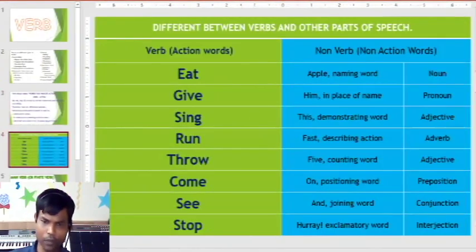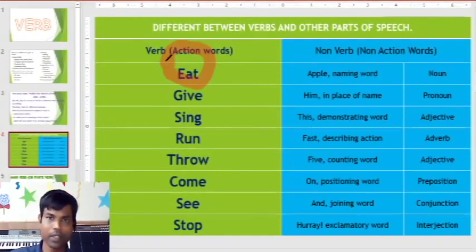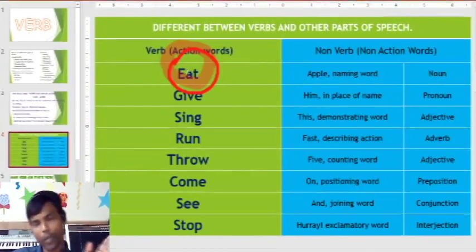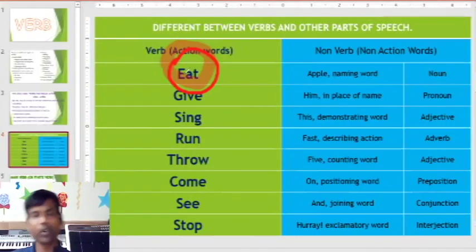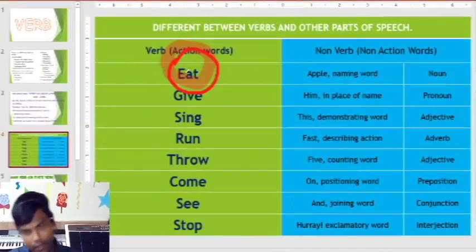Here, just focus and you will find some of the words which I have written. Eat. As soon as you hear the word eat, automatically you start to act accordingly. Why? Because this is an action word which tells you to do something. Action is eating. But when you hear the word apple, nothing happens to you. It is just an object and it is there. This does not call for an action.